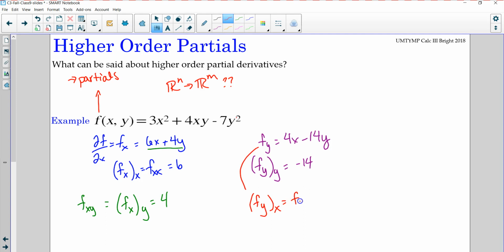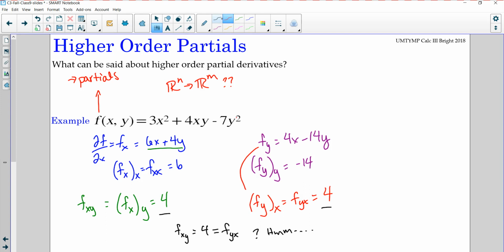Notation-wise, that would be f sub yx, and this is just going to be 4. Well, that's kind of fun. It's also interesting that I got 4 in both of those cases. So f sub xy is equal to 4, which is equal to f sub yx. That's kind of interesting, and I'm thinking something might be going on here.